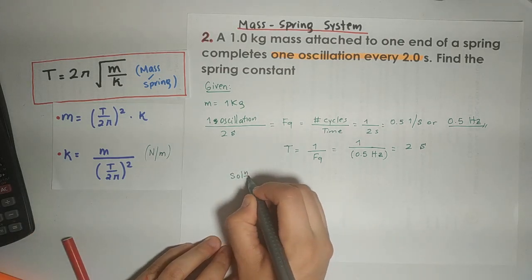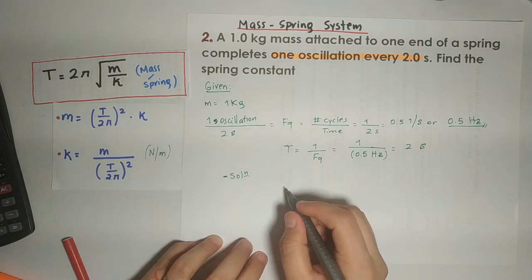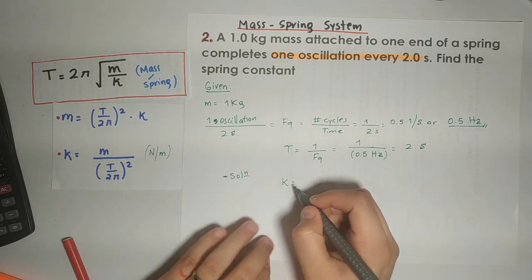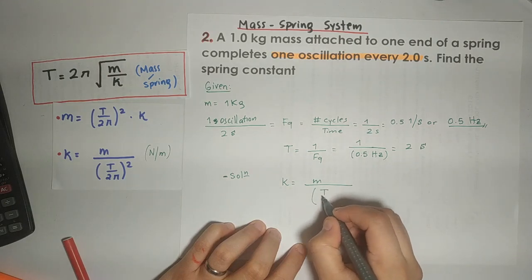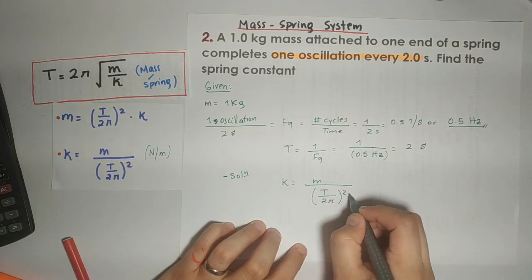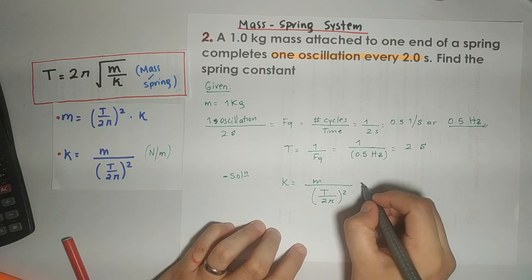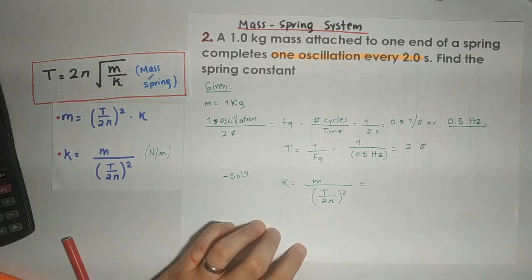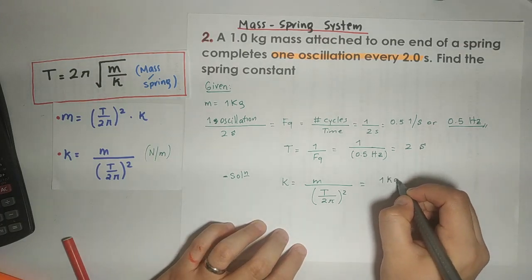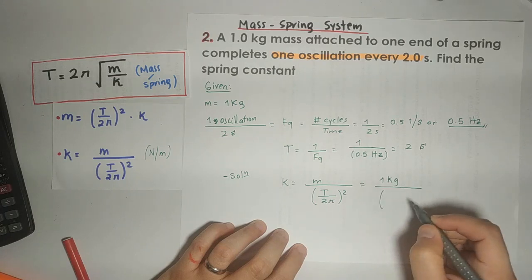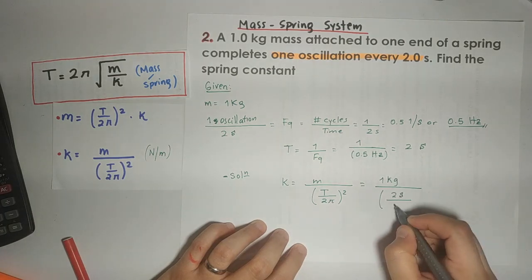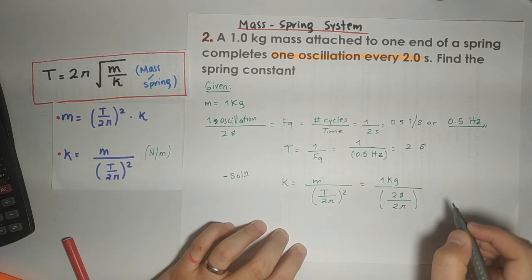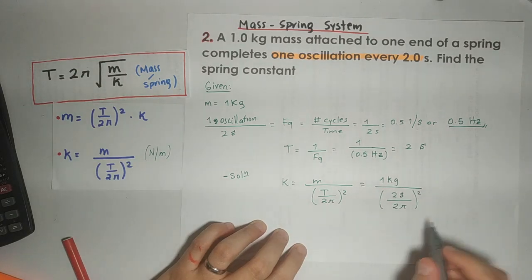Solution. We say a spring constant is mass divided by period over 2 pi to the second power. My mass, that is 1 kilogram, divided by 2 seconds over 2 pi to the second power.